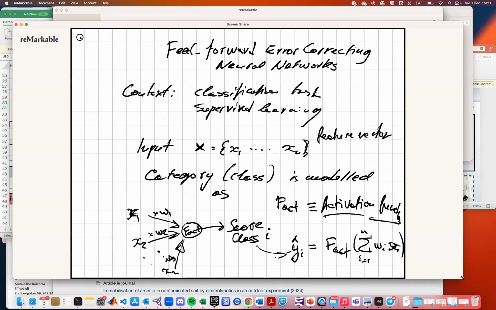The idea of learning, or the whole optimization procedure, is to improve the score for each class, so that it comes closer to the desired outcome, to what we call the ground truth.